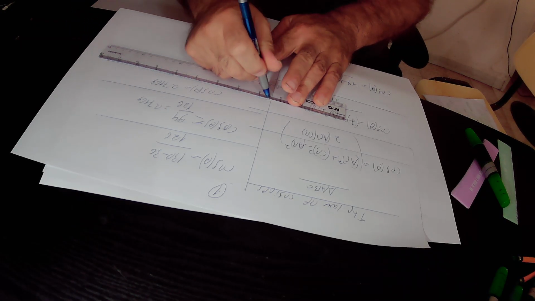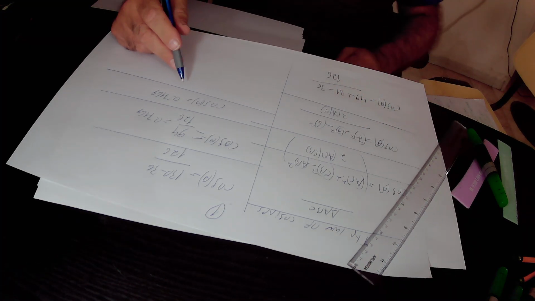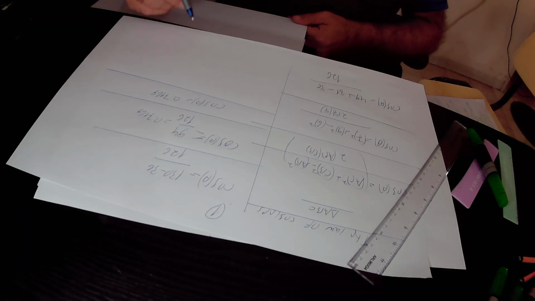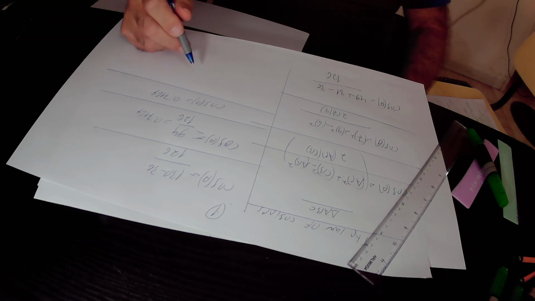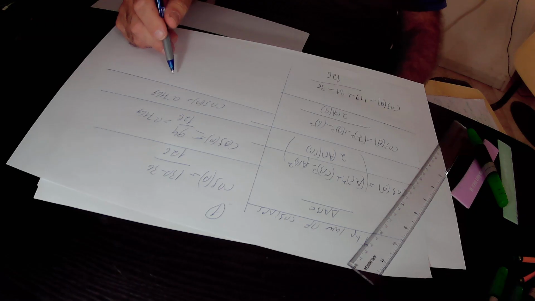We would like to find the size of angle theta. In order to find the value of angle theta, we will apply the opposite function of cosine, that is arccosine, to the result of cosine theta, that is 0.7169, and this way we get the value of theta itself.